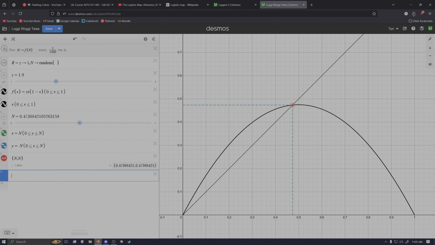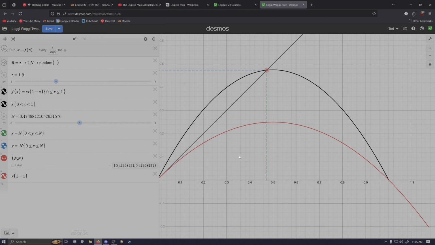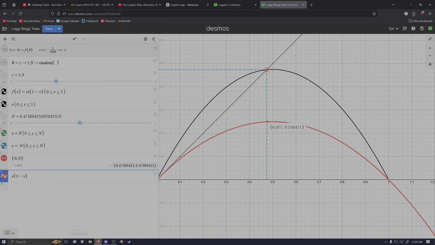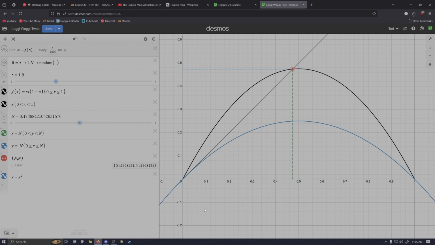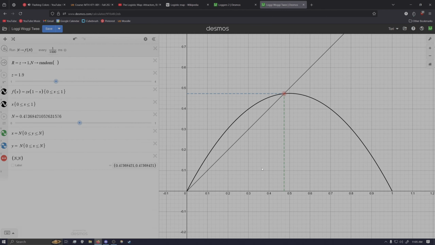Obviously, x times 1 minus x is just a simple parabola. If we multiply this out, this is x minus x squared, I believe. Yes. So it's just a first order equation, and then all of this times r, which is our growth variable.